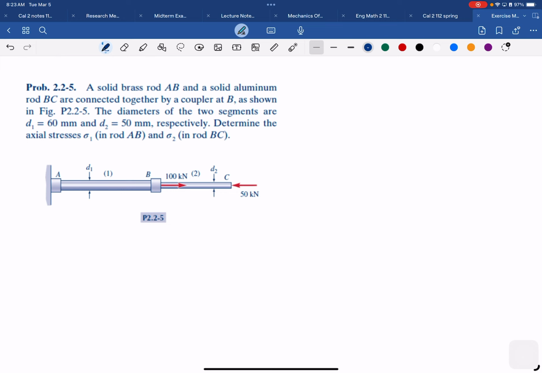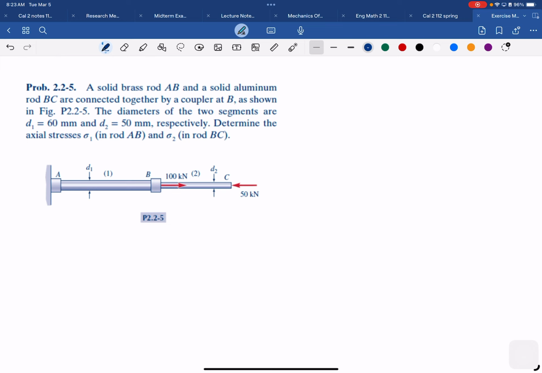Since it starts from the second part, because the external forces are coming in, we can start from that point of view. So we can cut here, and the other diagram is we cut here.